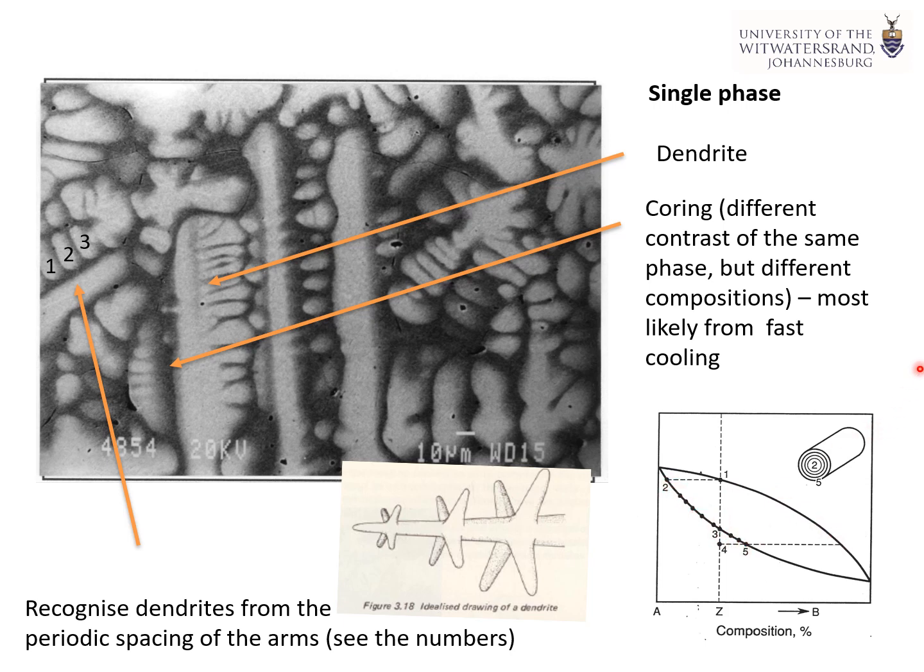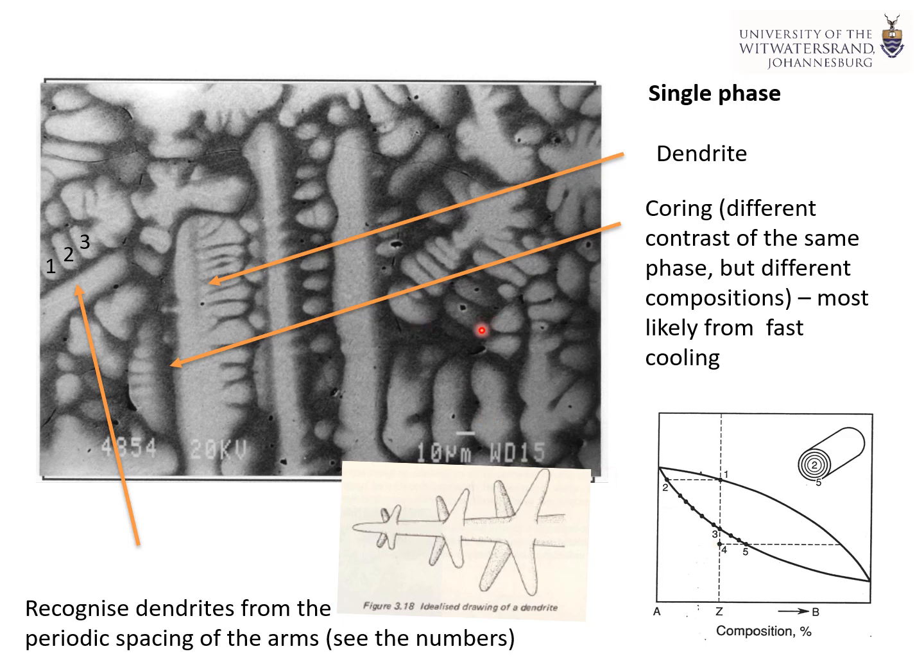Now, what happens with coring, because you form cores, there's the little cores, is that the first to solidify is richer in the one component, and as you carry on solidifying, it becomes less rich in that component, forming the cores until eventually it's actually more rich in the other component than it should be if it was at equilibrium.